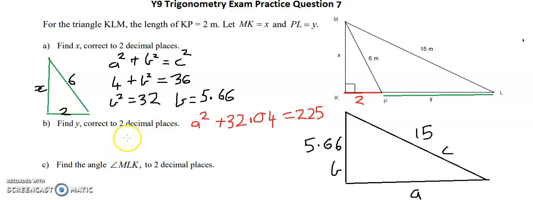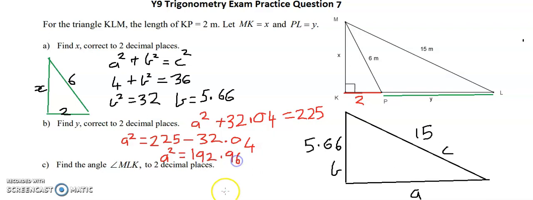Now, to get a by itself, I just need to take away 32.04 from both sides. Now we know that a squared is 225 minus 32.04, and that equals 192.96.